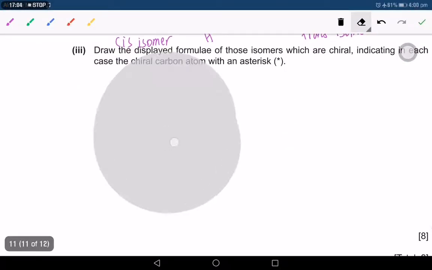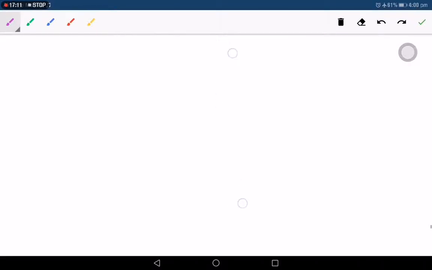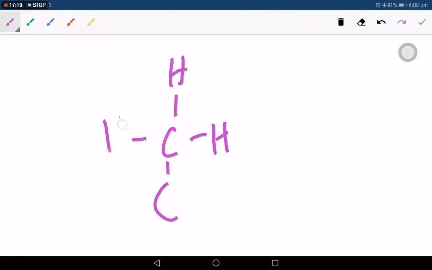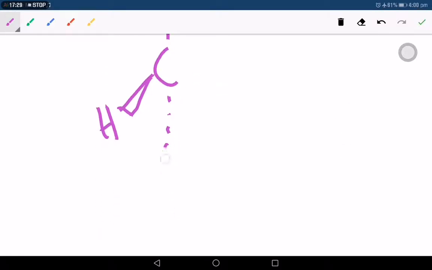C4H8O. So I'll directly connect it to a CH, there is H, dotted bonds, and the OH.